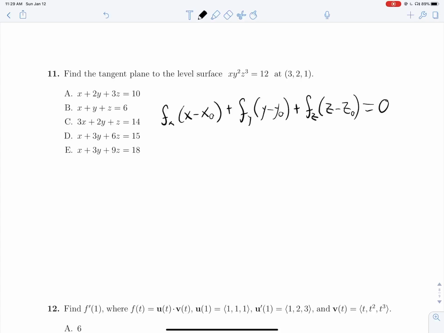And so all we have to do is find these three partial derivatives and plug everything in. So fx, fy, and fz.